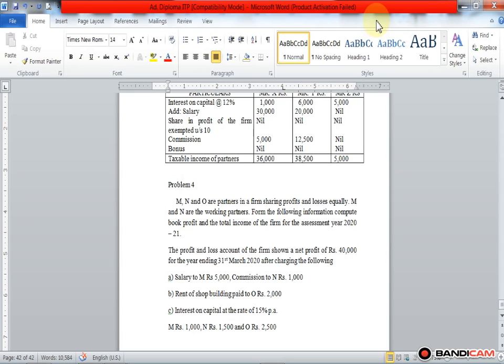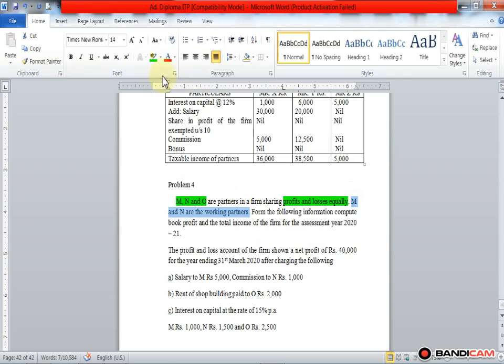Here problem number 4: M, N and O are partners in a firm sharing profits and losses equally. M and N are working partners.